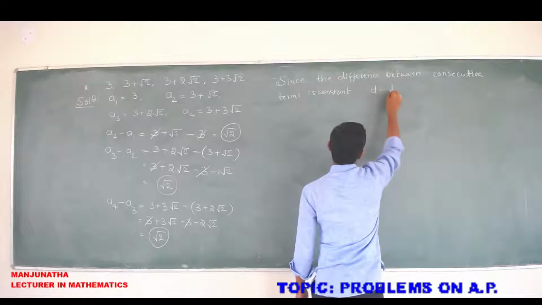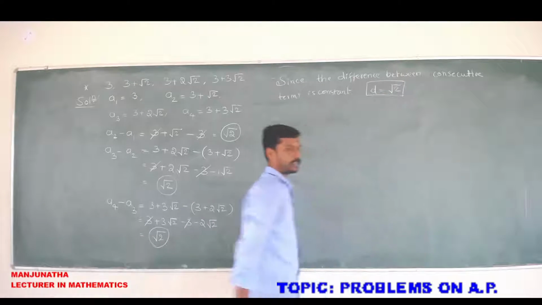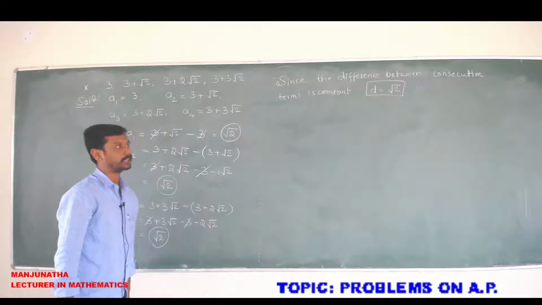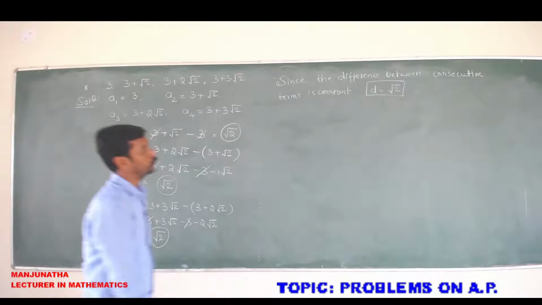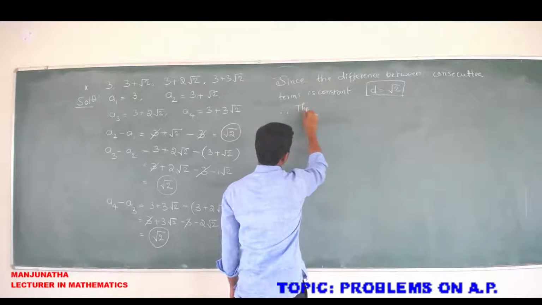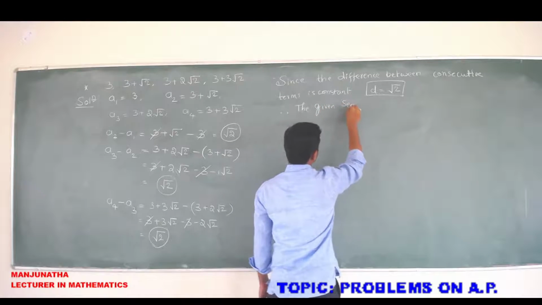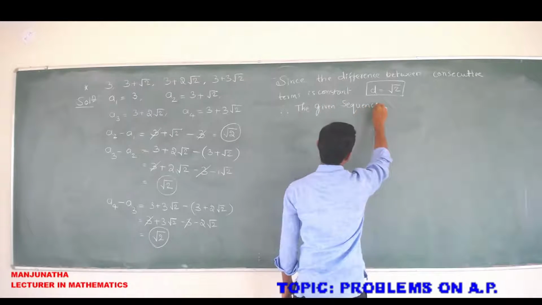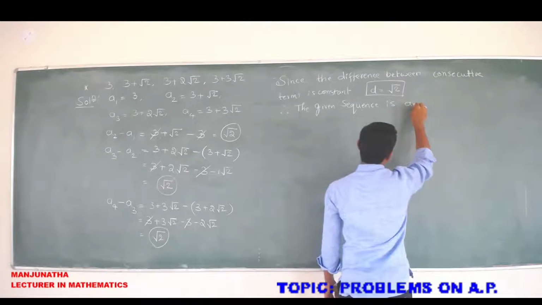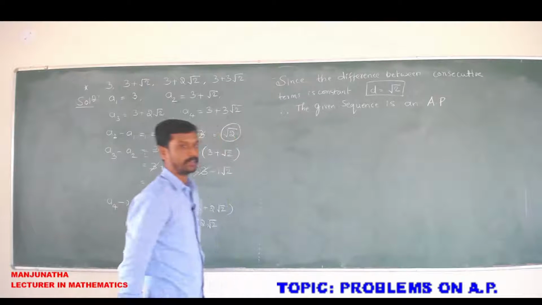That is d equal to root 2. That difference is nothing but the common difference and it is denoted by the letter d. Therefore d is equal to root 2. Therefore the given sequence is an arithmetic progression.